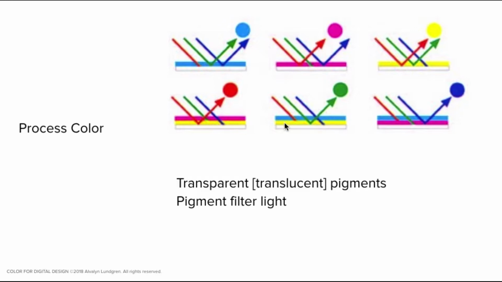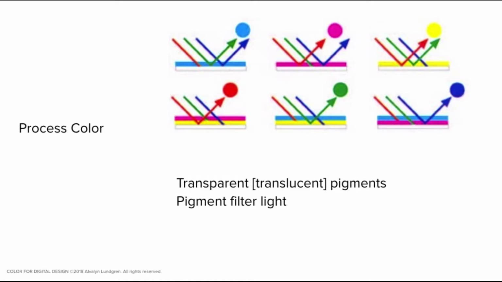The overlapping of cyan and yellow, the cyan will absorb red, the yellow will absorb the blue, leaving only the green part of the spectrum to kick back to our eyes. And here, the red is absorbed by the cyan, the green is absorbed by the magenta, and the blue is kicking back. So what we are seeing here will be blue.